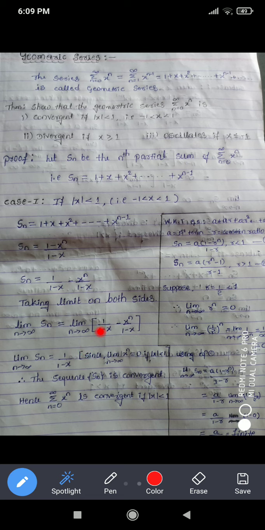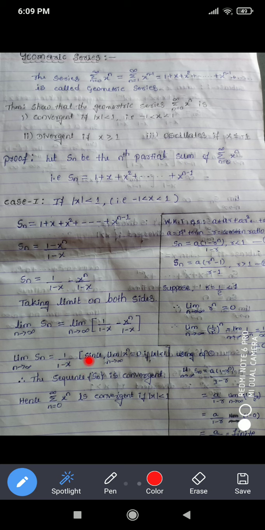Now apply the limit. We get 1 upon 1 minus x minus 0. That term is 0, since limit n tending to infinity of x raised to n is equal to 0 if modulus of x is less than 1. This value is 0, so we get 1 upon 1 minus x.